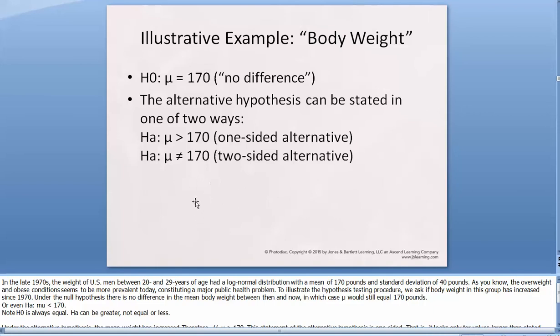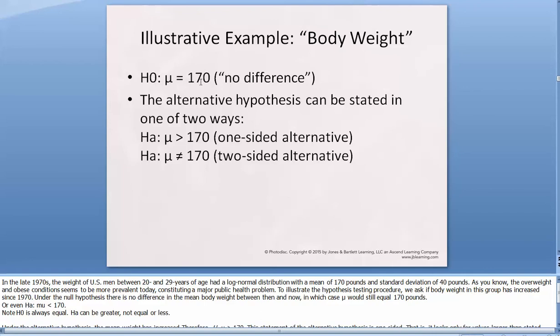Okay, all right. So of course, there are slight differences when you carry out the test of hypothesis, depending on whether we are going with greater or not equal to. Now remember, no matter which alternative hypothesis you choose, and there are three, greater, not equal to, or less, the null hypothesis is always equal.